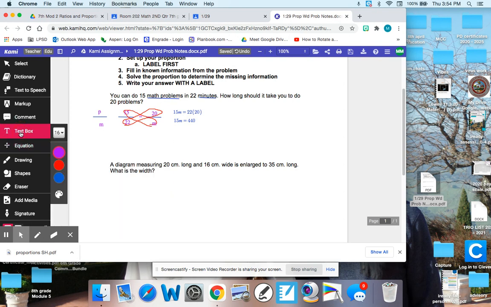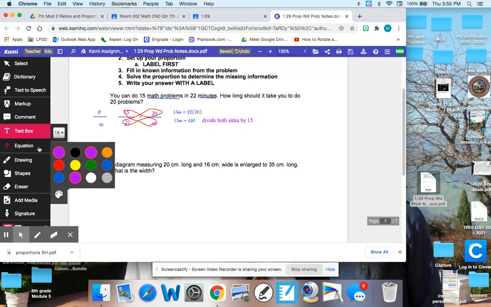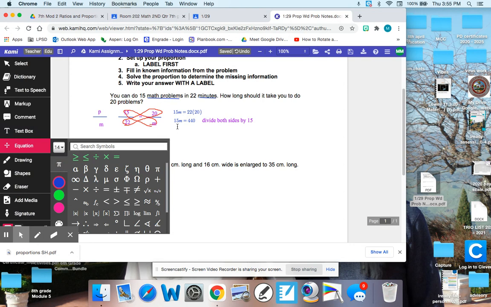I'll just write that in a text box. Okay. Divide both sides by 15. We are going to get M equal to 29 and 3/10 repeater.